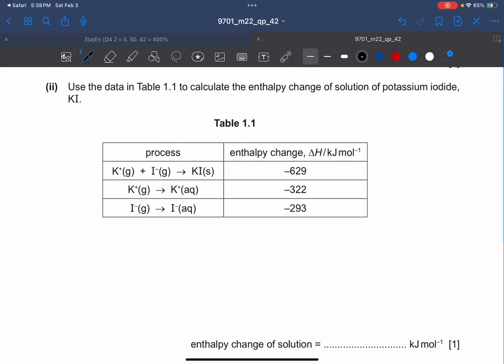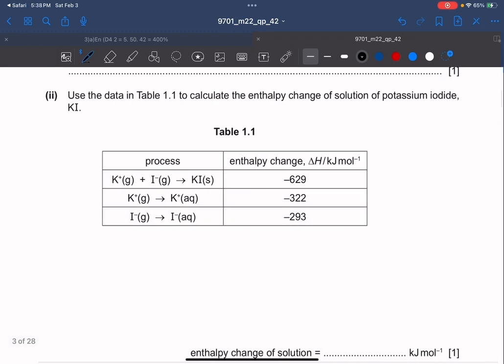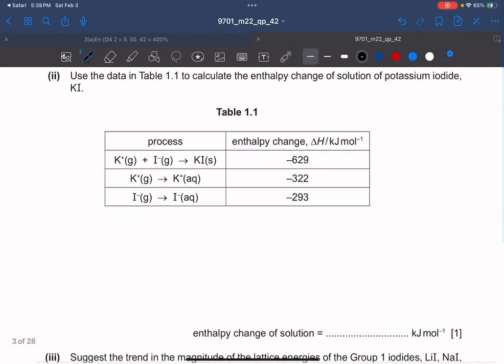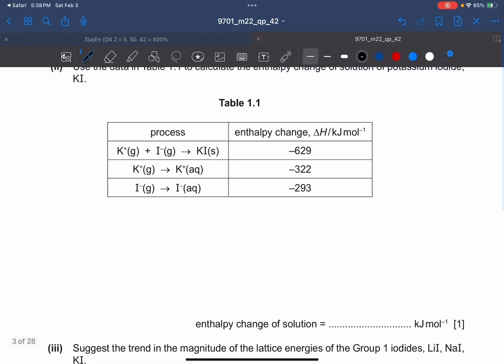Okay, so next one, I think this is actually easier and a funner question. Basically, we're going to figure out what the enthalpy change of solution of potassium iodide is going to be. So what I would probably write out here is just the equations themselves so that I could easily figure it out.